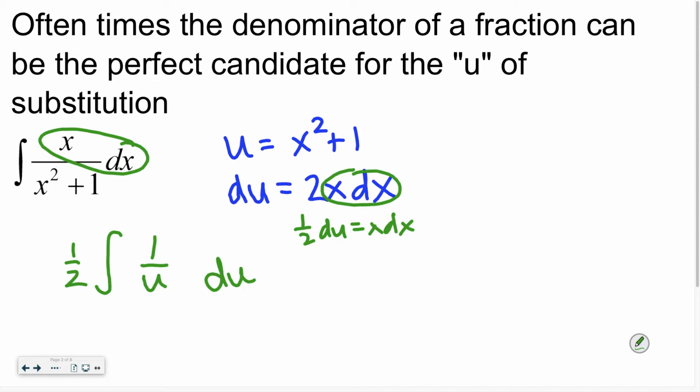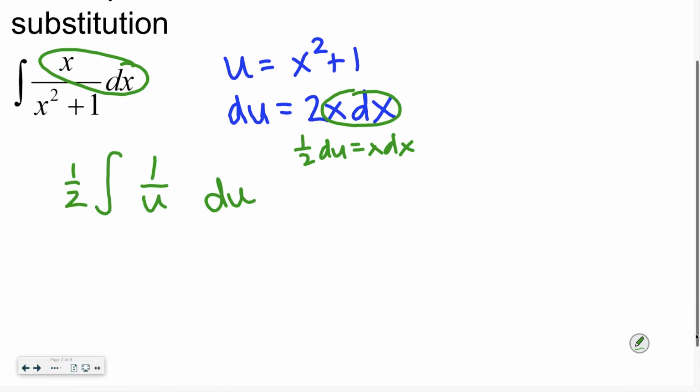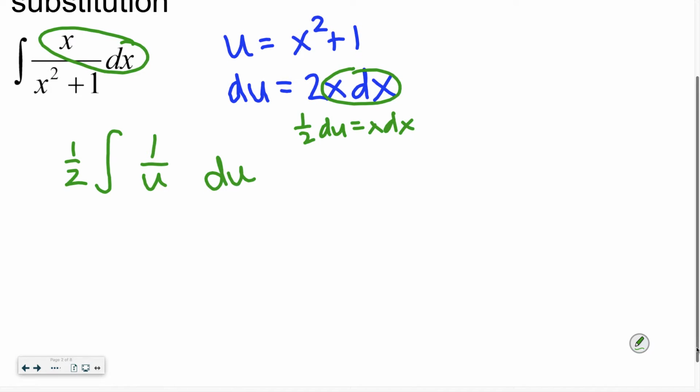That's okay? Well, what is the antiderivative of 1 over u? Natural log of the absolute value of u plus c.